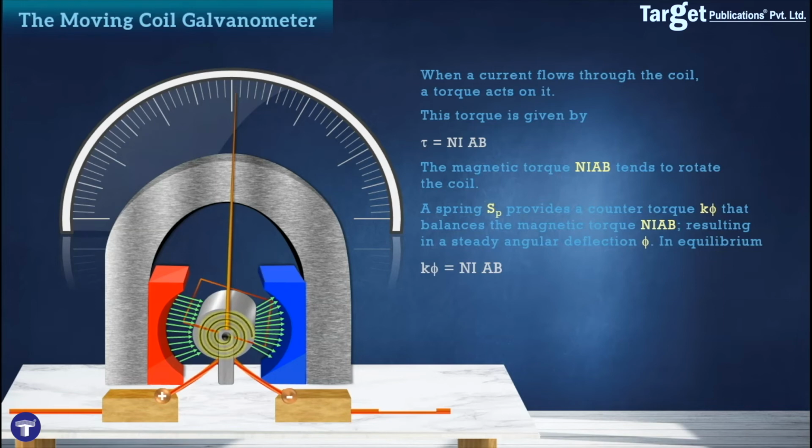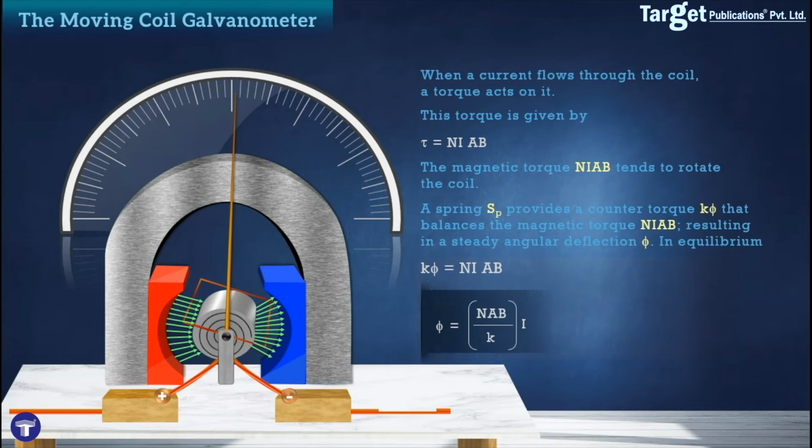It will remain steady because the spring has tension in it and it's holding the pointer in its place. So you get K phi is equal to NIAB in equilibrium at any point along the measurement scale. So from this I can get the K, which is the torsional constant of the spring, and I get phi is equal to NAB upon K into I.